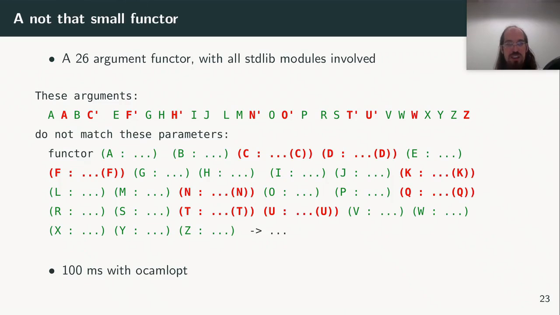You can see that we have a quite lengthy argument comparison, and we get the whole error message in 100 milliseconds. 100 milliseconds for a functor with 26 arguments is totally okay.